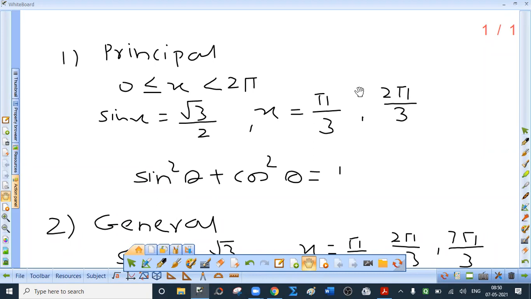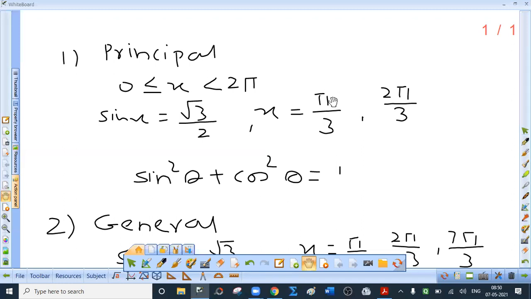Like a trigonometric equation, an algebraic equation can also have infinite solutions. For example, x plus y equal to 0 has infinite solutions. In fact, this equation represents a line, and the coordinates of every point on the line are a solution of this equation.